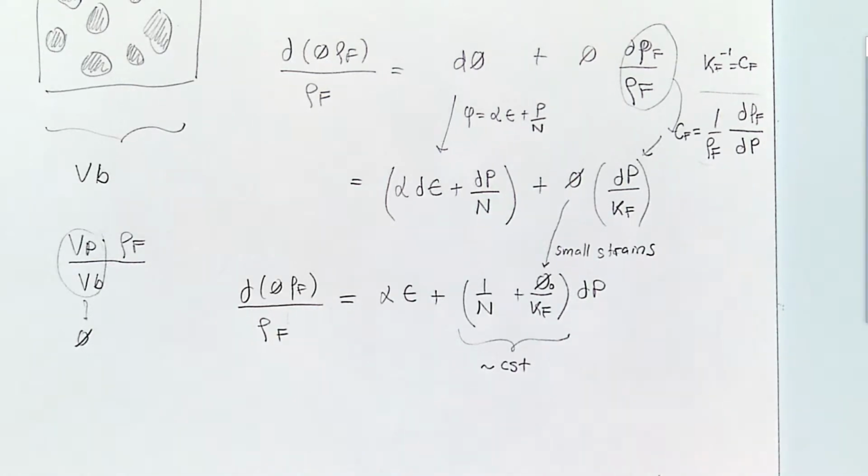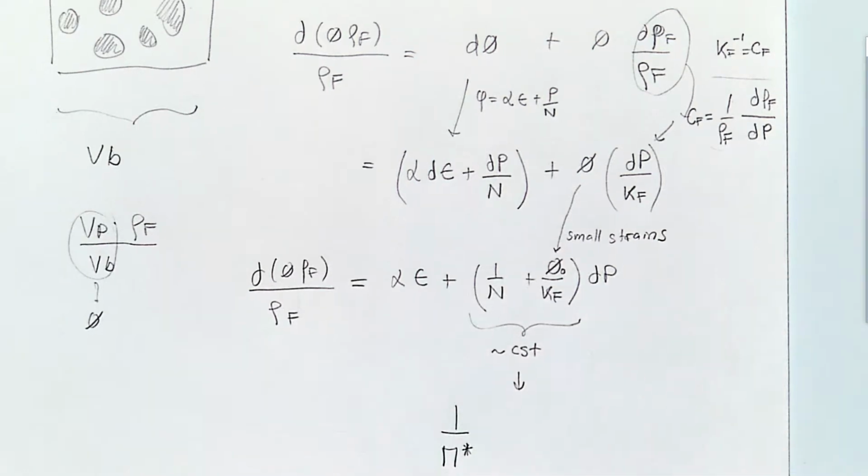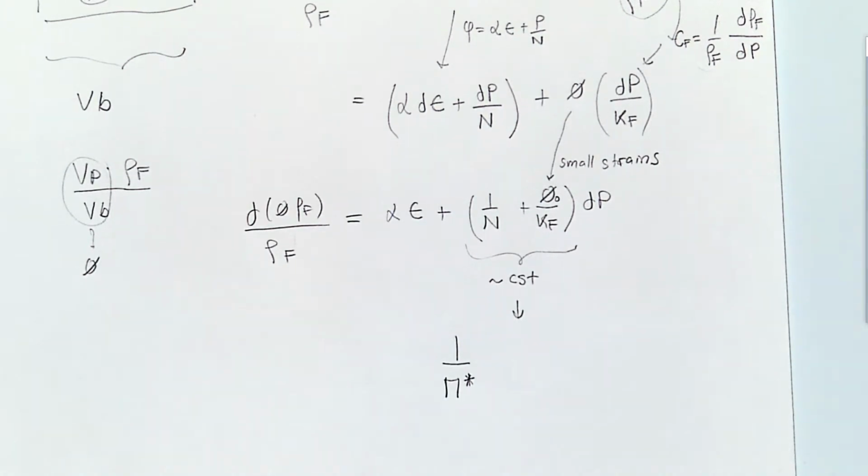And this constant is an important constant, which is equal to 1 over M, and we're going to call it M star. This is not the M from 1D uniaxial strain. This is another M, which is called the Biot modulus.